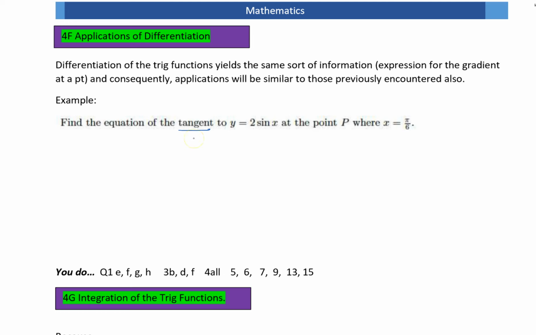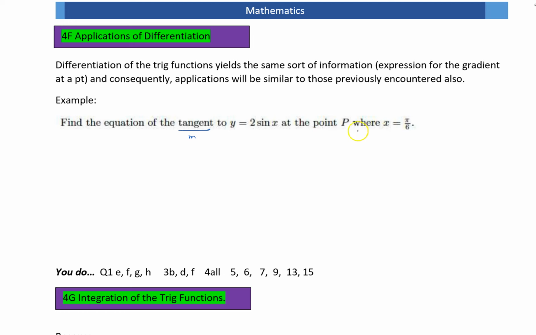However, we know that most probably the way that we will use will involve the gradient. And let's read on. y is equal to 2 sine x at the point. So here we've got gradient, here we've got a point, and we would be using point gradient form.